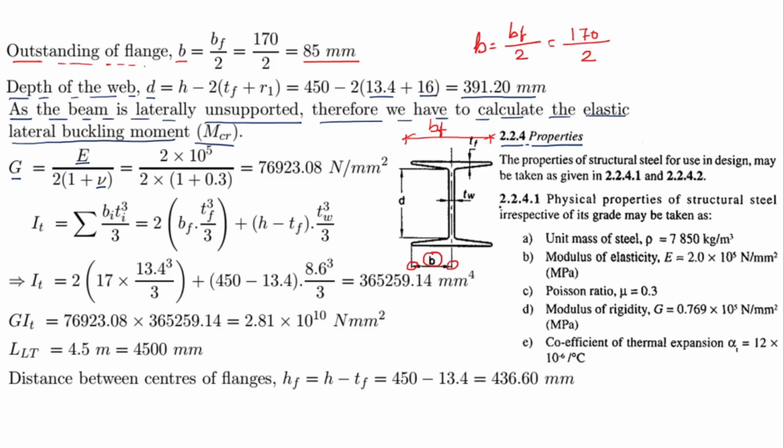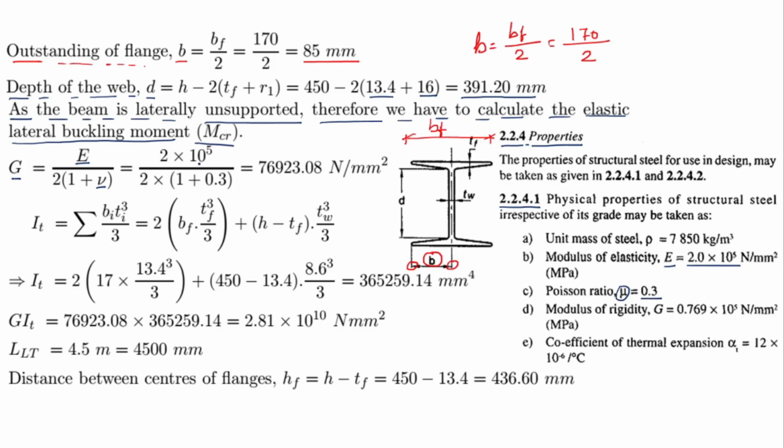Under that clause, if we follow the clause 2.2.4.1, the modulus of elasticity of steel E is equal to 2 into 10 to the power 5 Newton per mm square, and the Poisson's ratio, here it is denoted by mu, is 0.3.